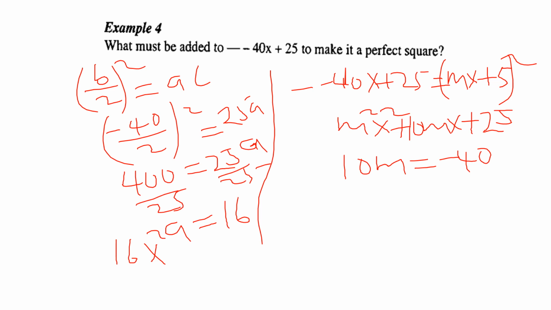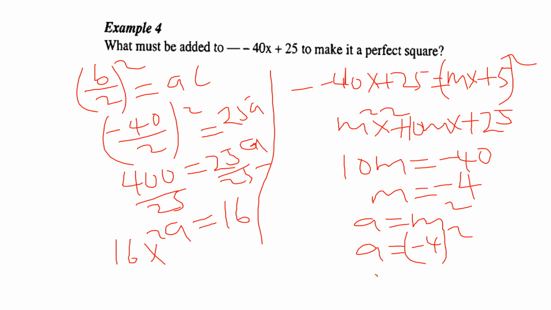So in this case our m will be equivalent to negative 4. So meaning that our a is equal to m squared, so a is equal to negative 4 squared. So in this case our a is equal to 16, so we can say this is also equivalent to 16x squared. So that is how you can make that.